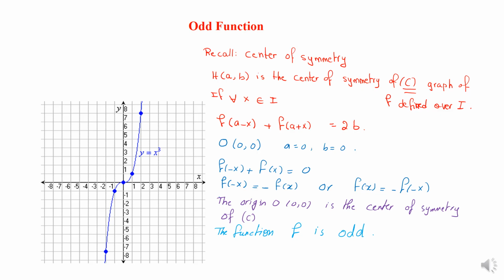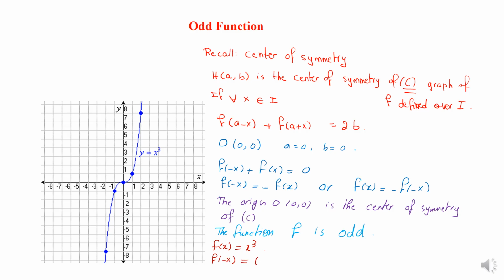The most primitive example of odd functions is f of x equals x cubed. Let's calculate f of negative x.